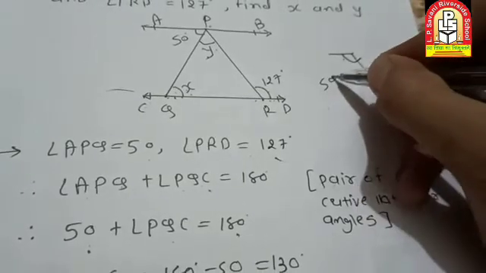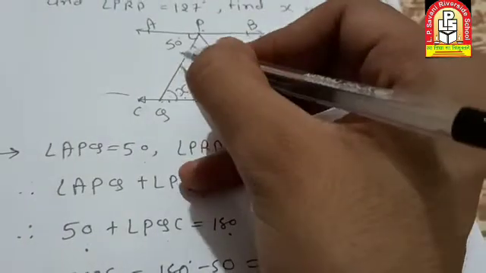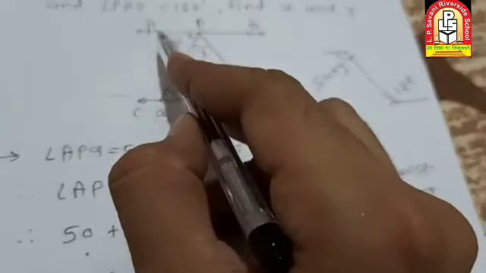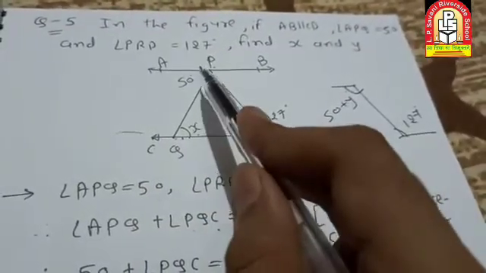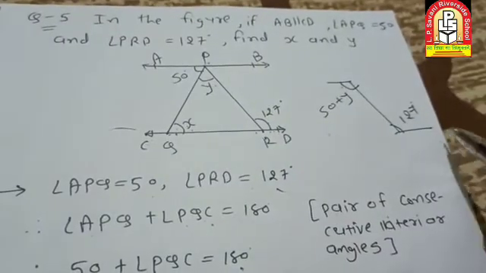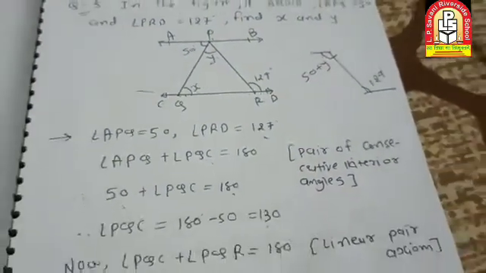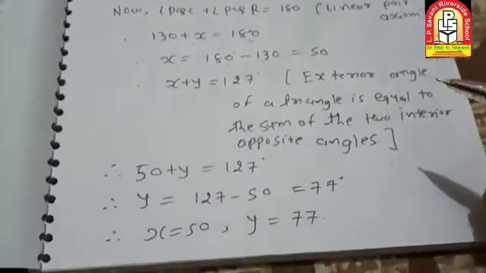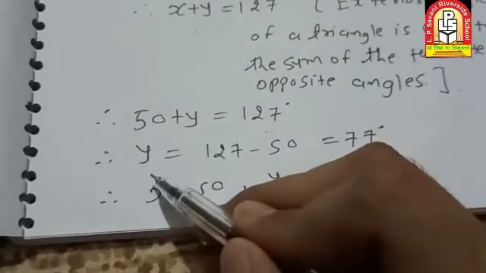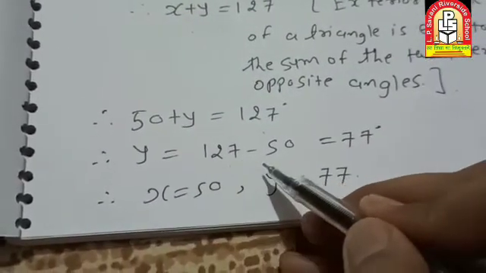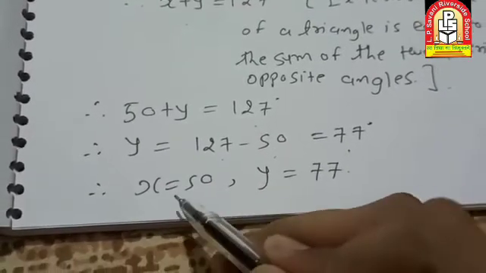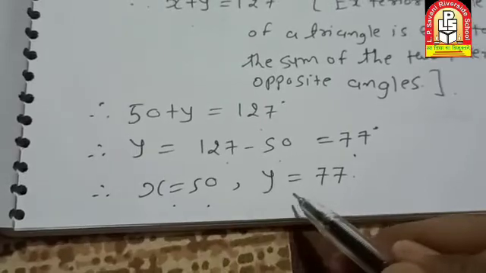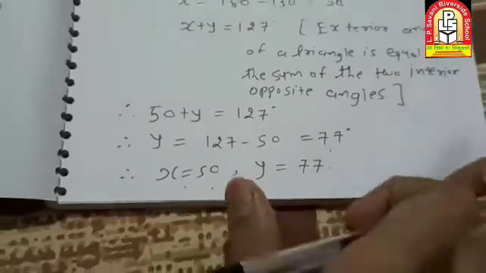So this angle is 50 plus y, because 50 plus y is equal to angle APR, and angle PRD, those two angles are the same. So y is equal to 127 minus 50, which is 77. So x is equal to 50, y is equal to 77.